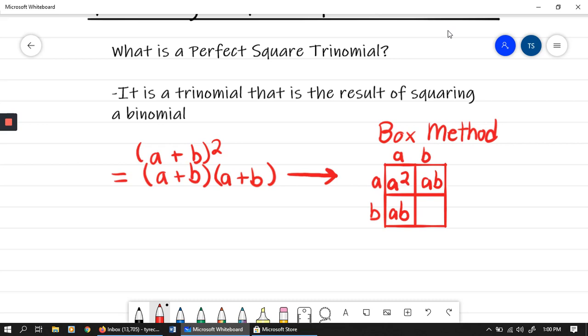And b times b gives you b squared. From there, if we write out those terms, we get a squared plus ab plus ab plus b squared.